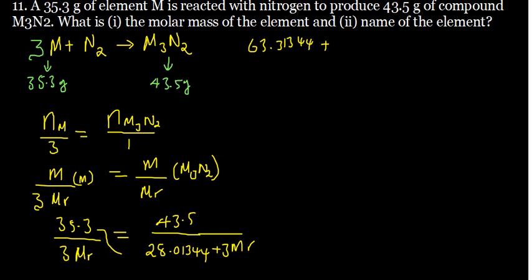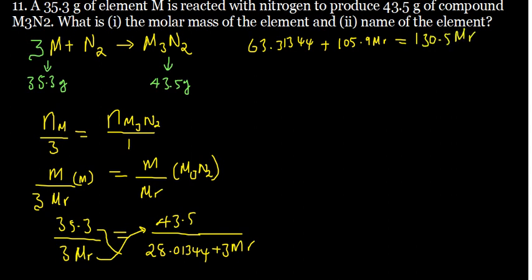So let's do that. 35.3 multiplied by 3 molar mass, that is going to be 105.9 molar mass. And that is going to be equal to, we get also to multiply this value by that. That is 43.5 multiplied by 3. So that is also going to give us 130.5 molar mass.